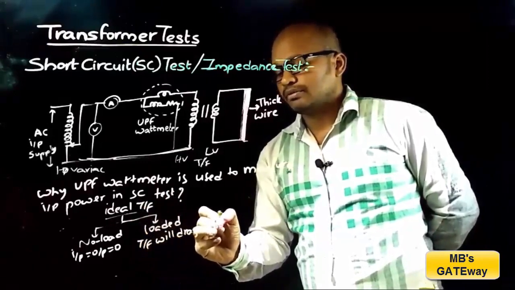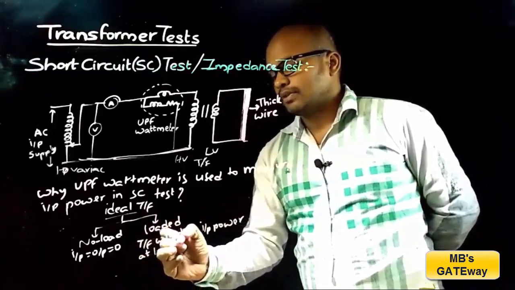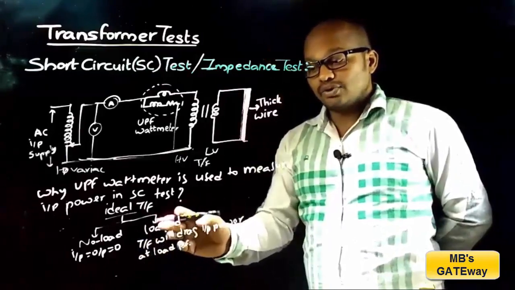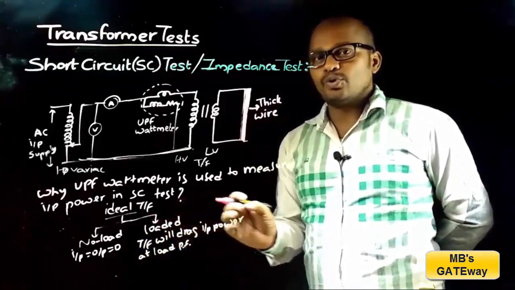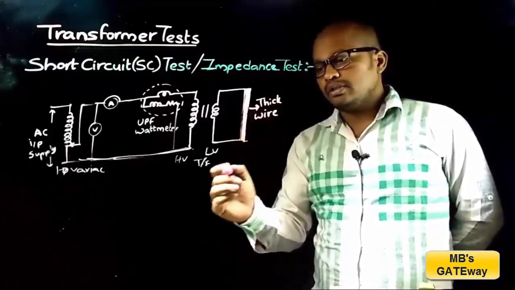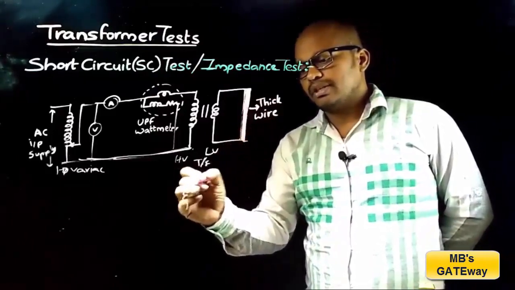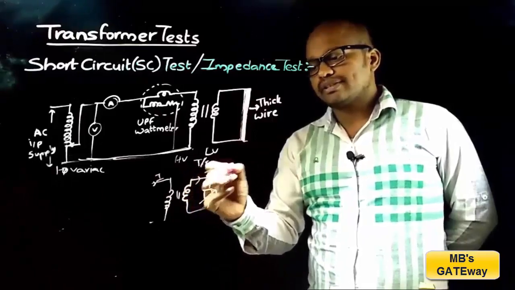input power at load power factor. And in case of actual loaded transformer, transformer will drag the input power close to load power factor. And let's also discuss a simple concept on load. That is, if load on the transformer is connected, because of this load there will be a current in secondary.